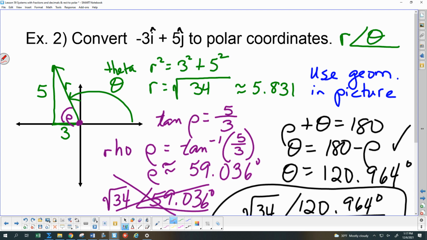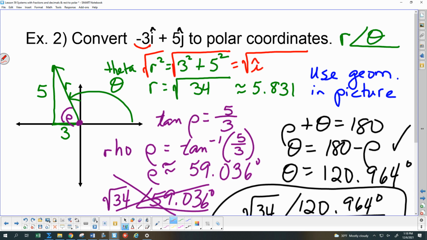Notice when I did R, it was the square root of 3 squared plus 5 squared. That was the square root of my i hat squared. Well, I really don't care if it was negative or positive, because when I square it, it's going to be positive.